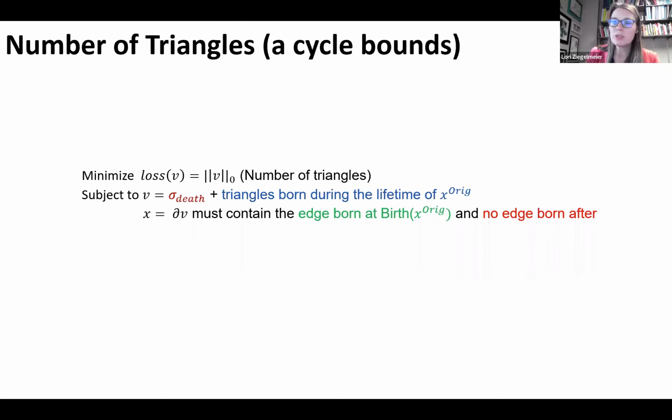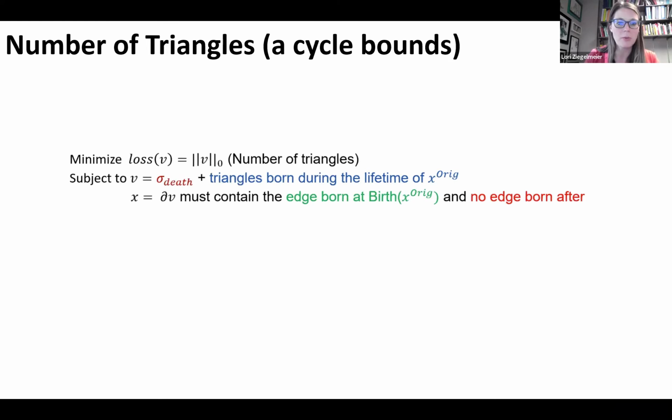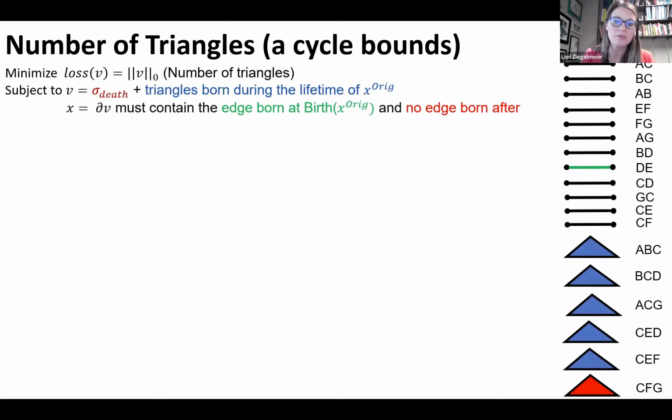Again, we try to minimize the number of triangles that a cycle bounds. V must include the triangle born at the death time, and it could include some other triangles born during the lifetime of X. It also must include the edge that's born at the birth time, but it can't include any edges born after that. So let's go back to our example here with our simplex-wise filtration.